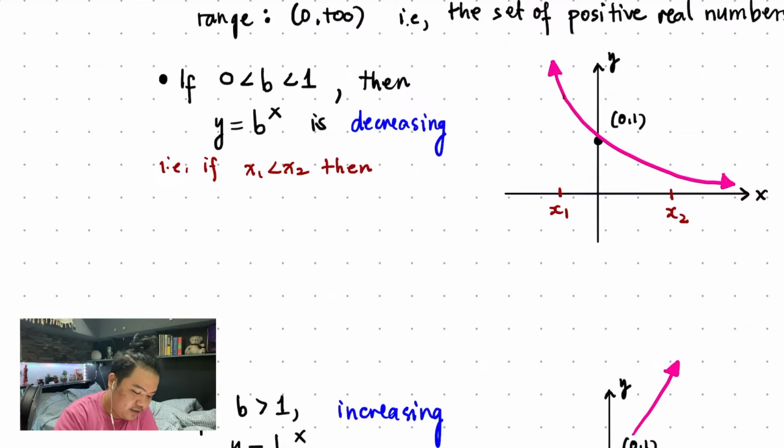And what happens to their images pag pinasok mo sa function mo? This is b raised to x1 because your function is b raised to x. While this one, yung pangalawa naman, this is b raised to x2.